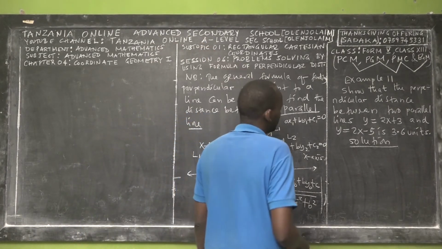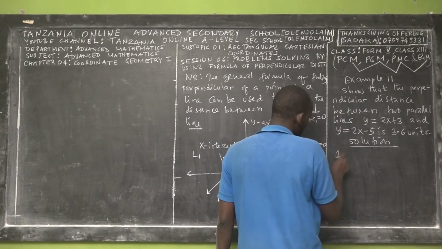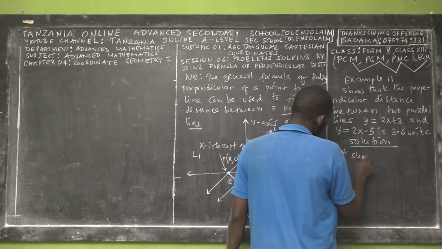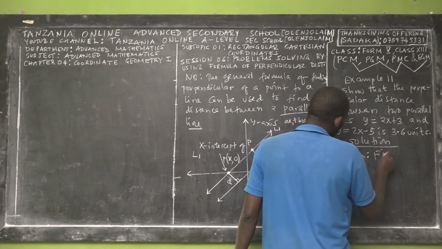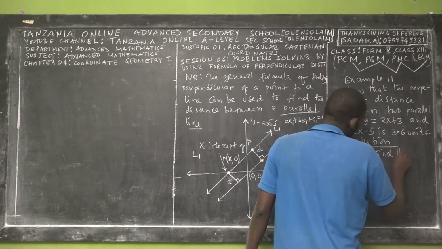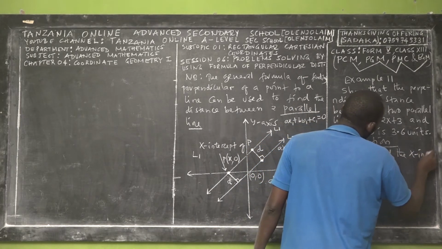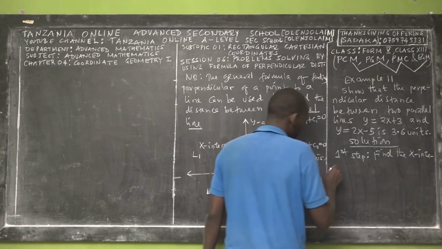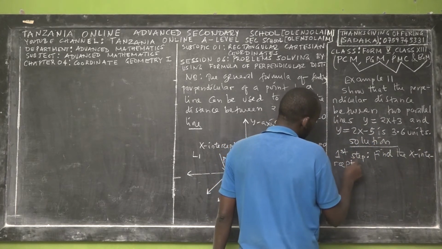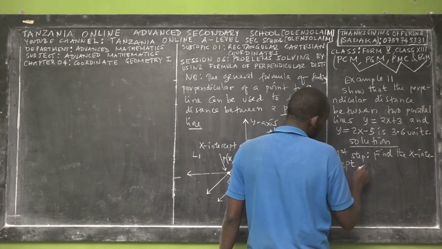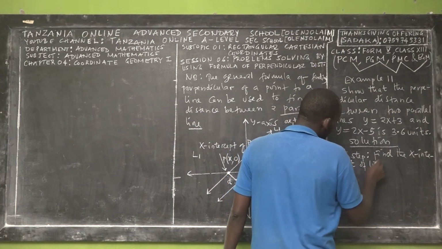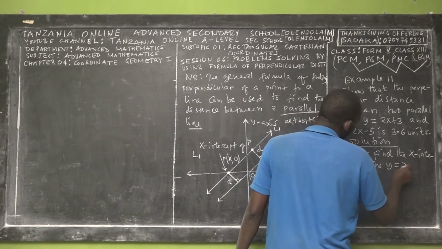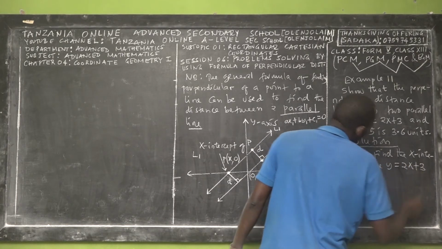So the first step, find the x-intercept of the line y is equal to twice x plus 3.